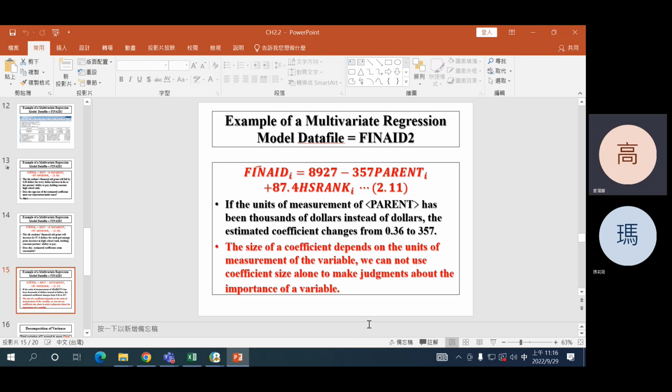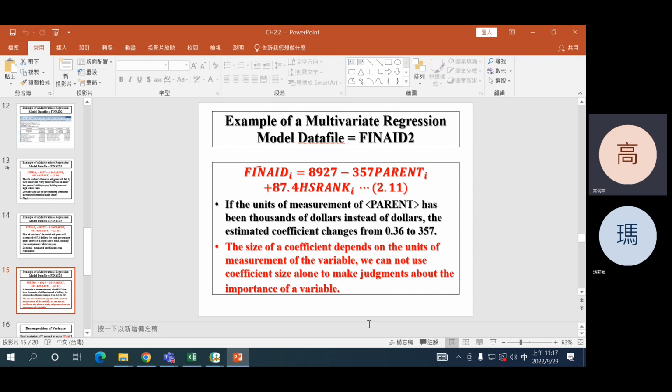You see what I'm saying here? The coefficient here just explains the relationship of the x variable to the y variable. It doesn't make any judgment about the importance of the variable.